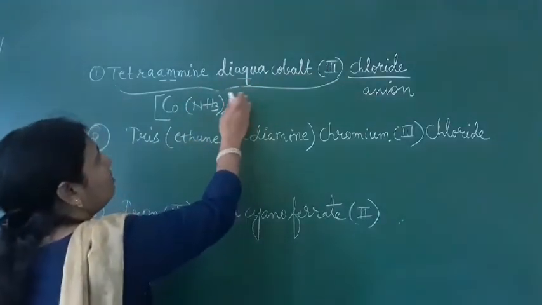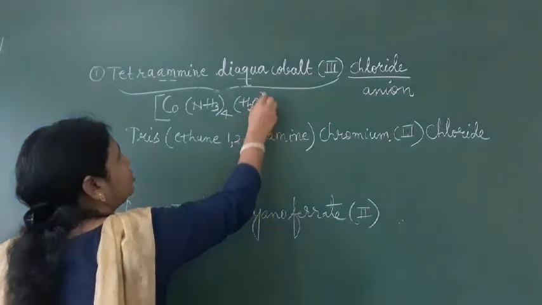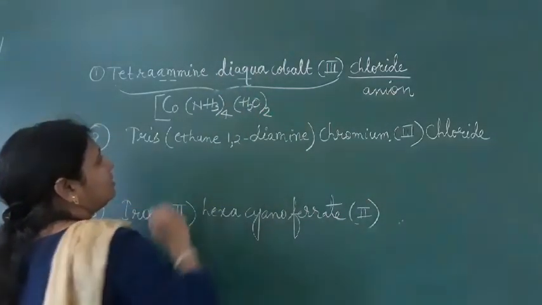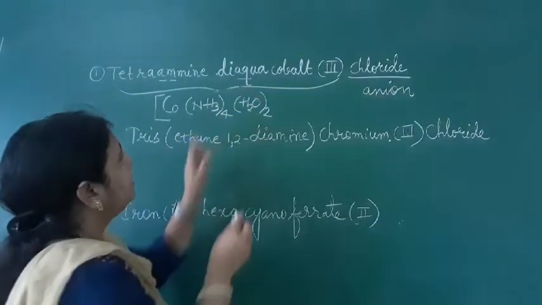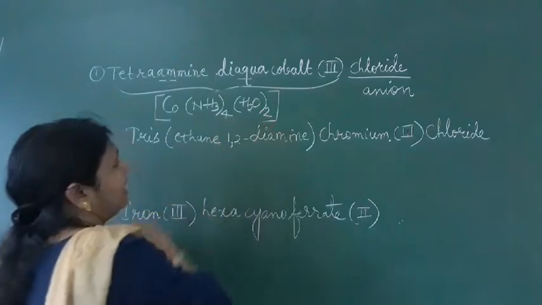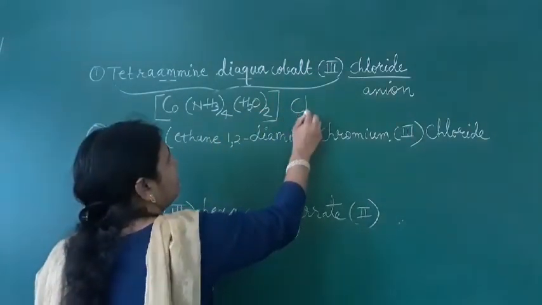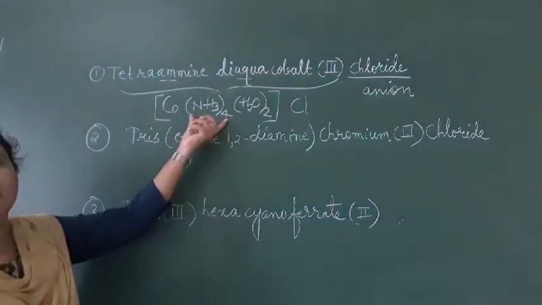Aqua is our water molecule, so this is H2O. How many are there? 2, so this 2 is written as a subscript. Now our square bracket is completed. Next, the simple ion we have here is Cl. Write Cl outside the bracket. This is our complex cation.